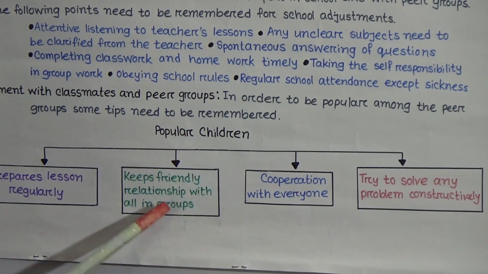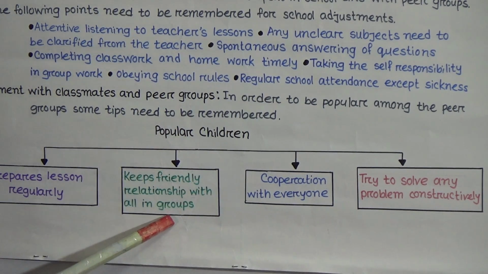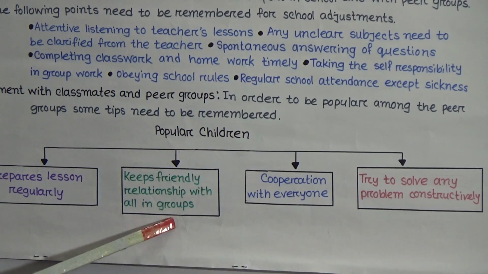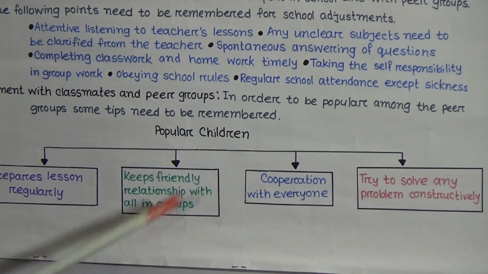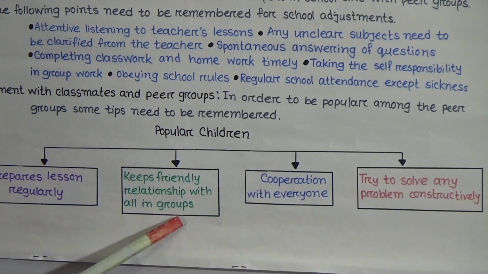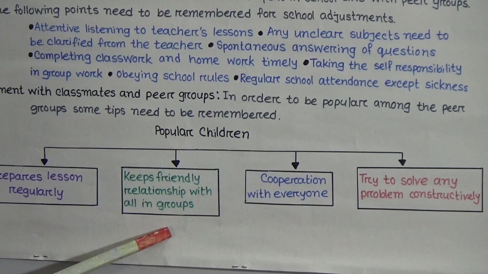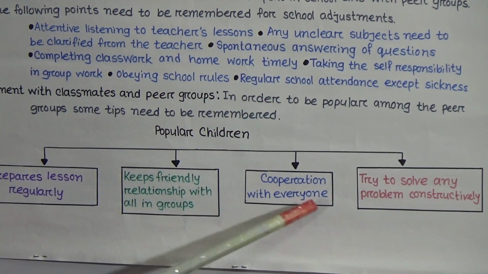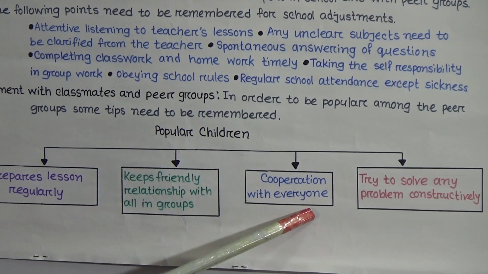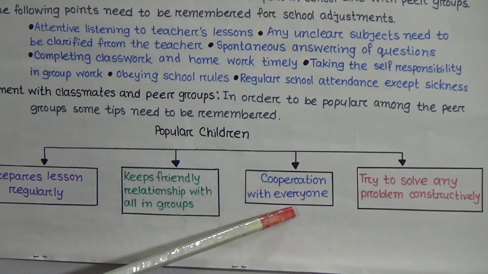Next, keep a friendly relationship with everyone in the group. If you want to be a popular classmate, you need to make a good relationship with all of your friends. Then you can maintain this. Number 3, cooperation with everyone. You have the mind to cooperate with everyone.